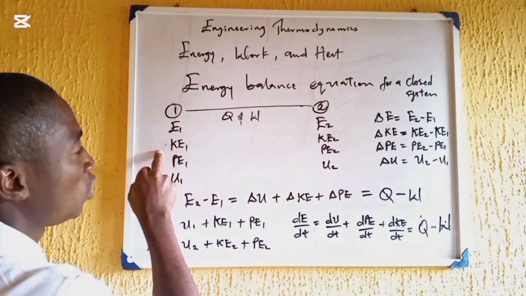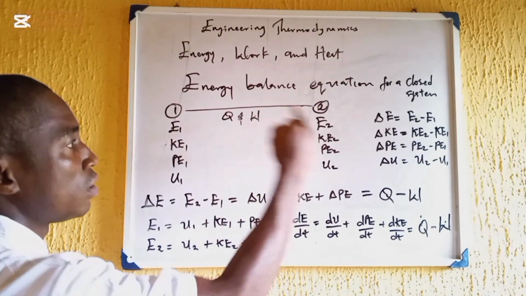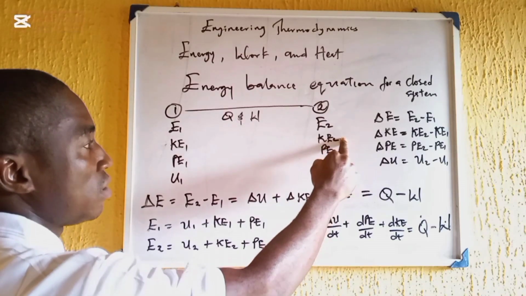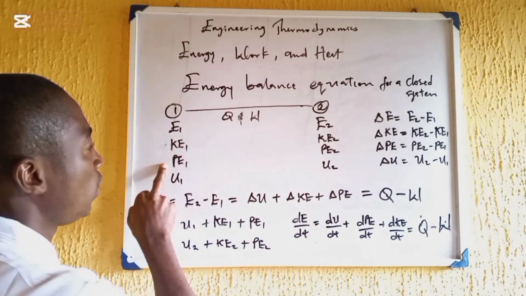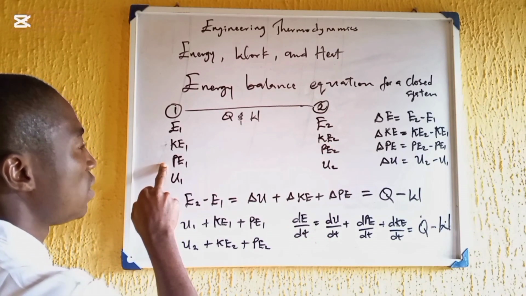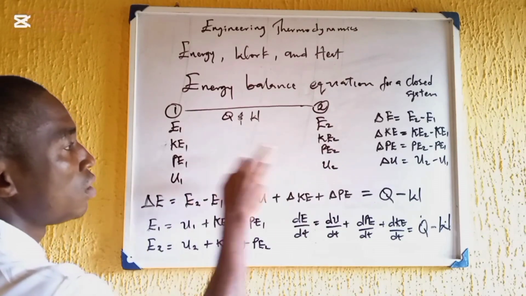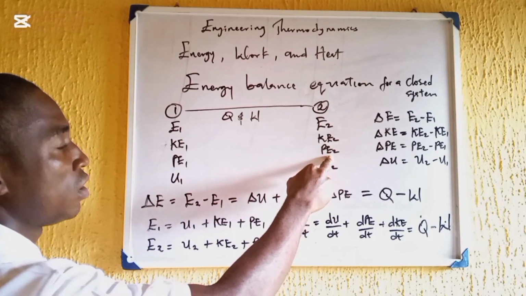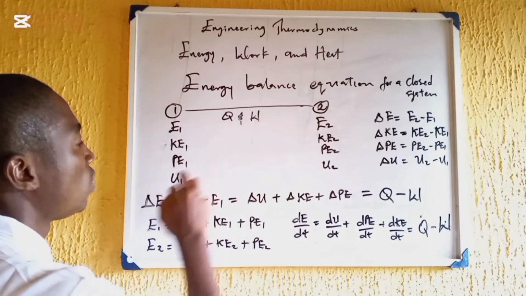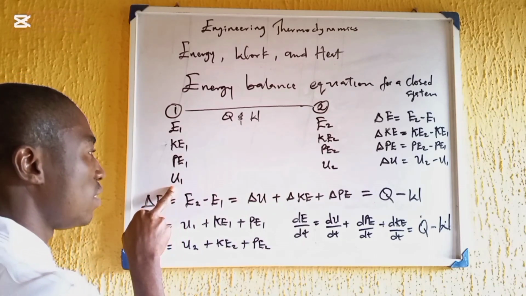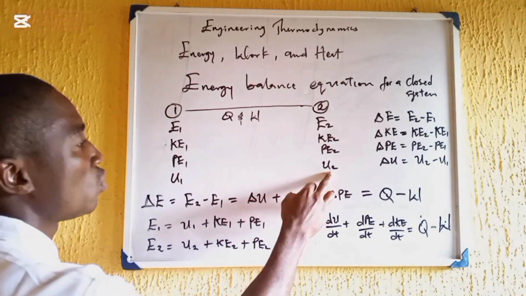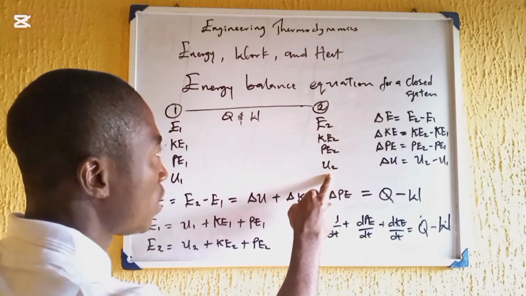KE1, the kinetic energy of the system at state 1. KE2, the kinetic energy at state 2. PE1, the potential energy at state 1. PE2, the potential energy at state 2. U1, internal energy of the system at state 1. U2, the internal energy of the system at state 2.